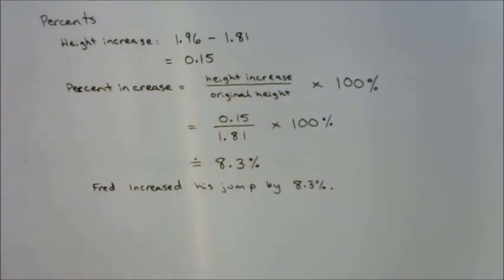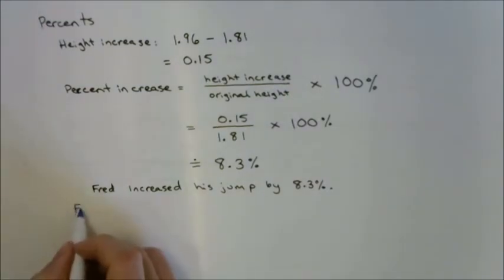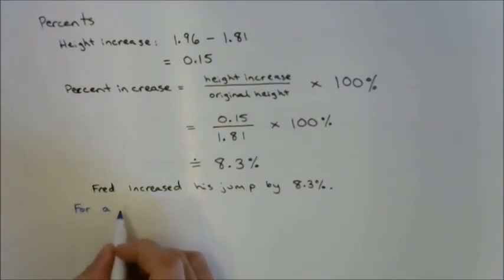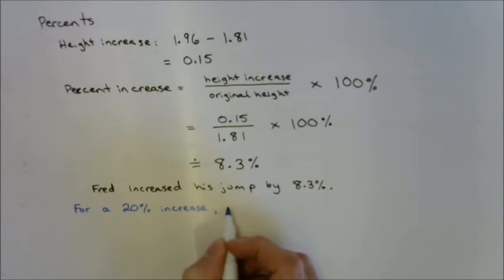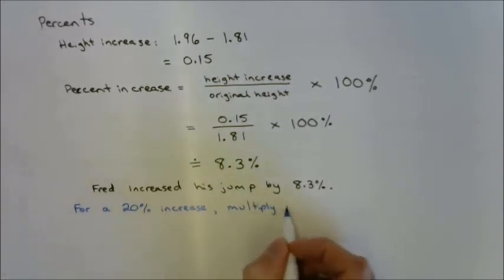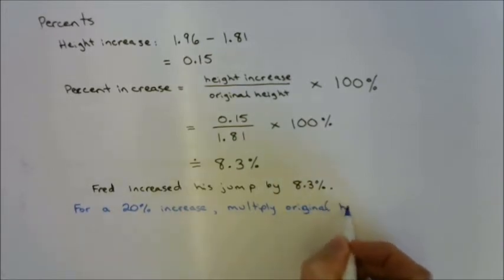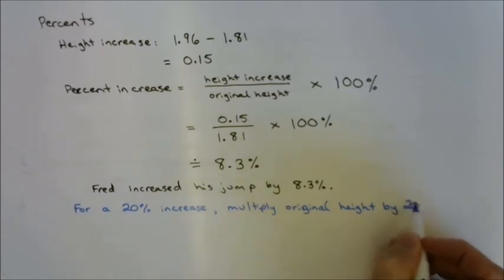Well, how much would he have to have done? How high would he have to jump in order to increase it by 20%? We're going to do that one as well. For a 20% increase, multiply the original height by 20%.